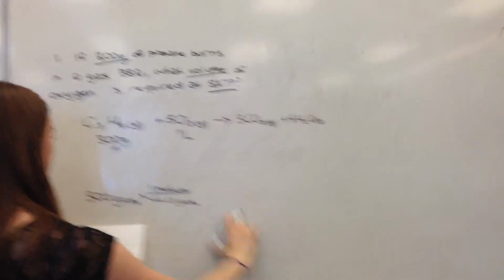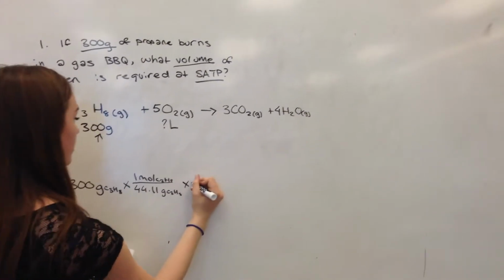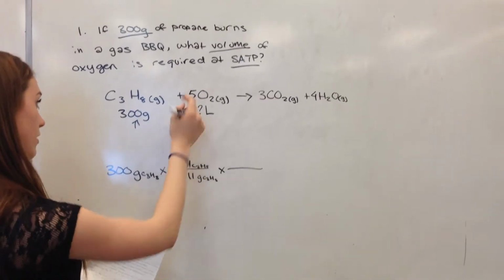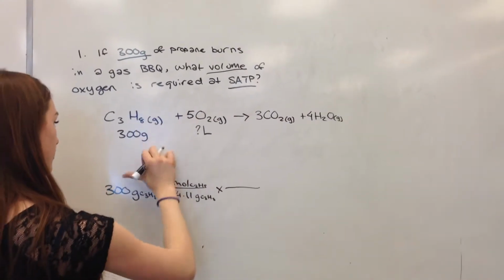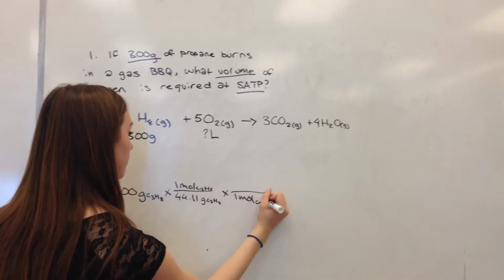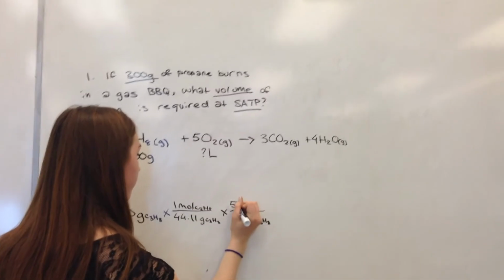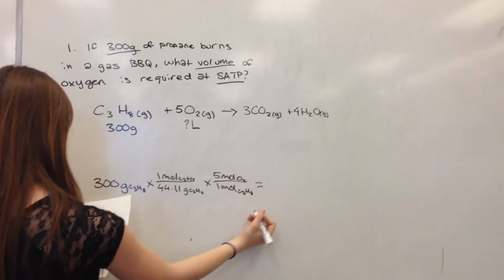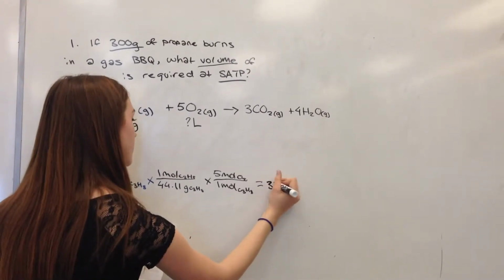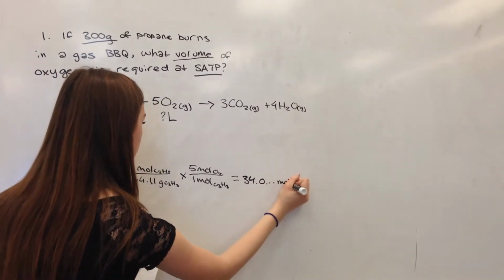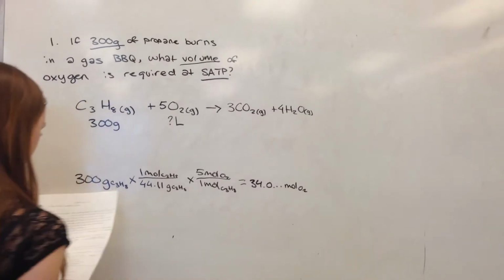So to find moles of oxygen, convert by using the molar ratio, which is for every 1 mole of propane, we have 5 moles of oxygen. So we're going to have 1 mole propane. So that gives us 34.0 moles of oxygen.